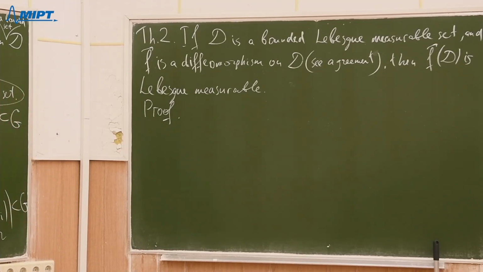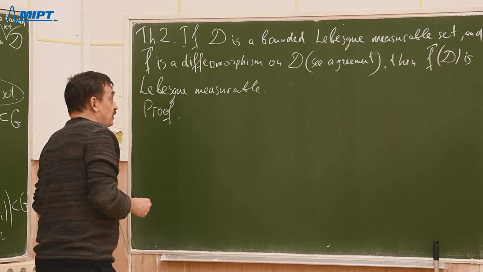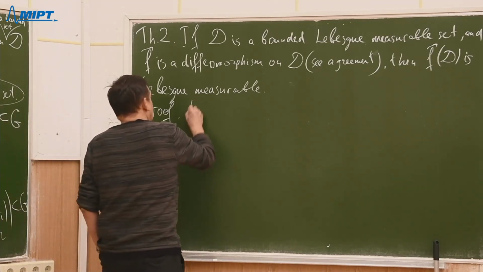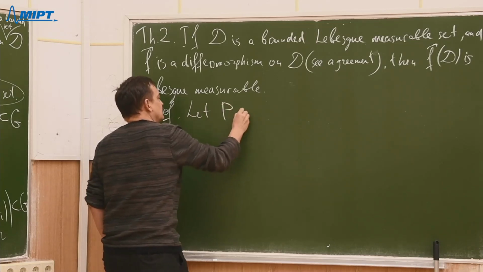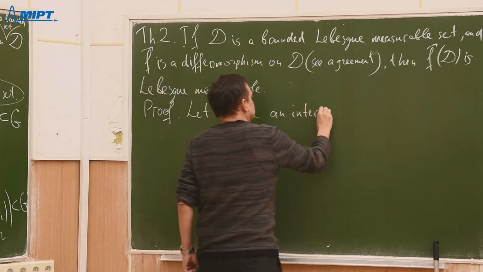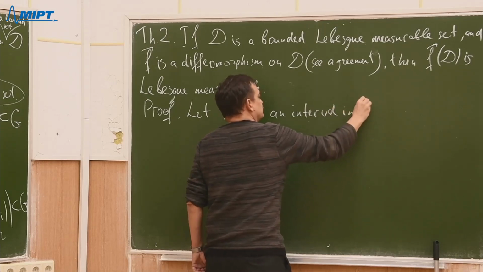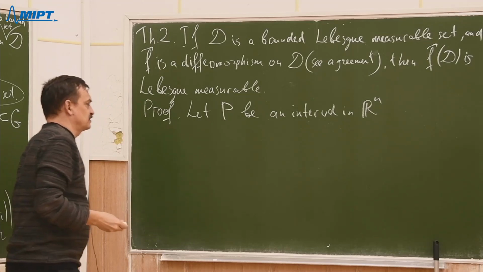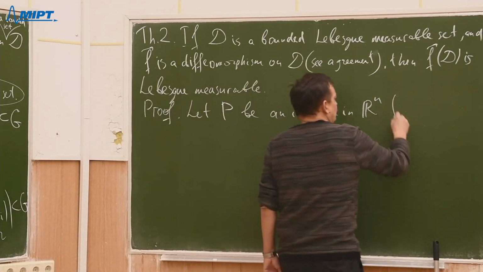So first of all, let us study what happens with elementary set and even what happens with an interval. So let P be an interval in Rn. So recall what it means.